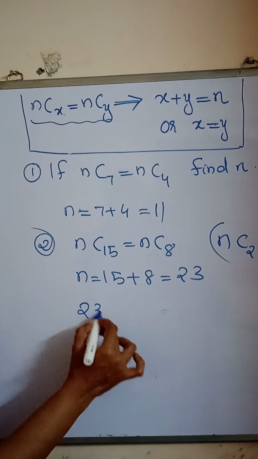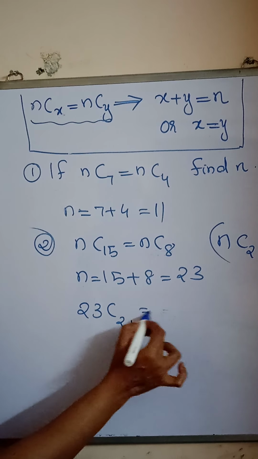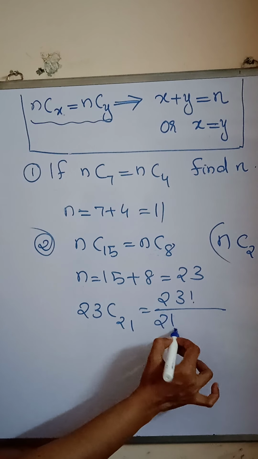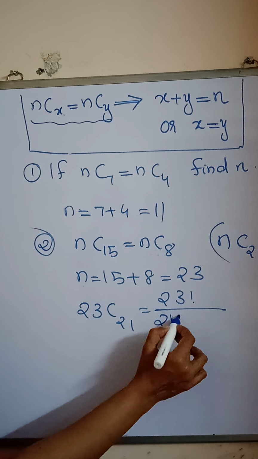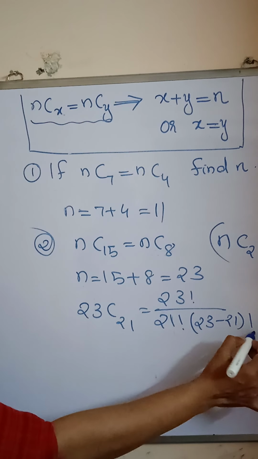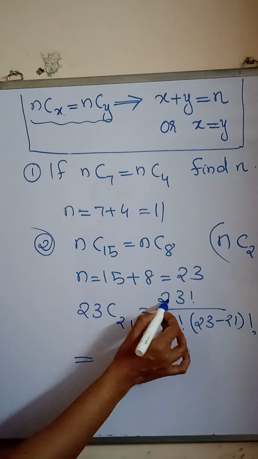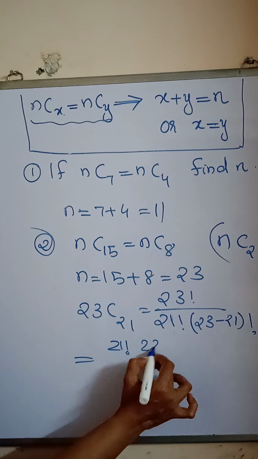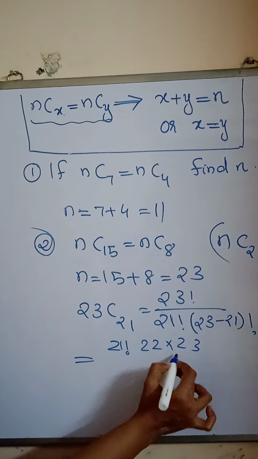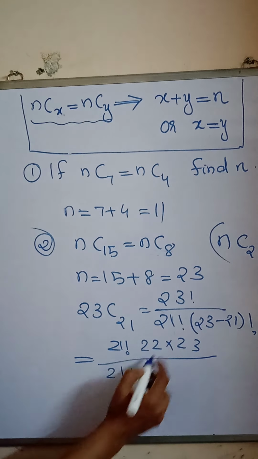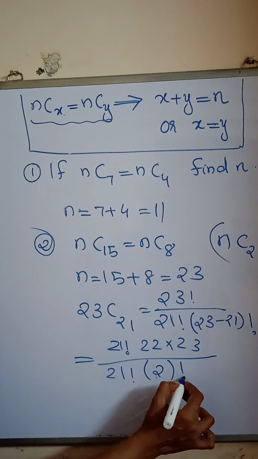That is 23C21, which equals 23 factorial divided by 21 factorial into (23 minus 21) factorial. That is 21 factorial into 22 into 23 divided by 21 factorial into 2 factorial.